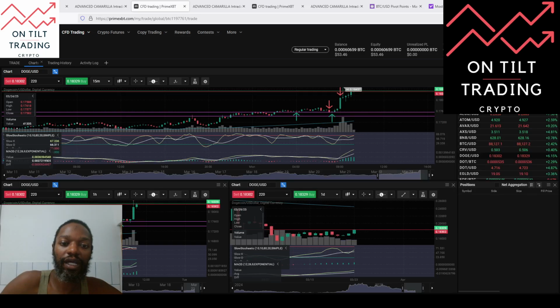So after this consolidation in the range, DOGECOIN was able to break out to the long side, and buyers were able to keep the price action above this R4 level. I took this first entry here, and then we can see, I exited this position here on this pullback.